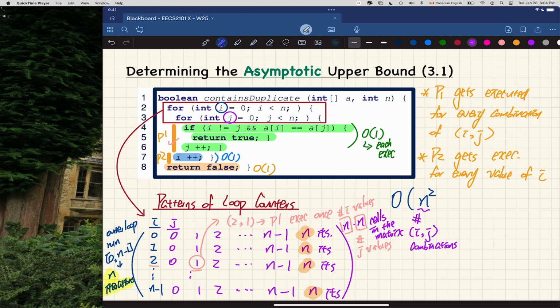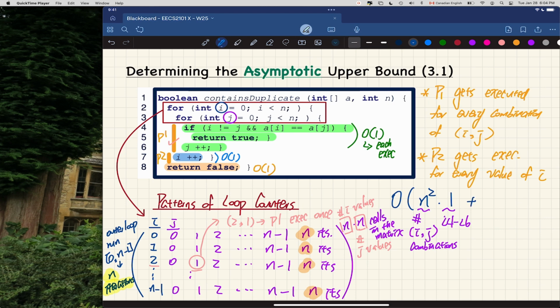And for each combination of i and j, I'm going to execute this part of the body of the inner loop, which will be phase number 1. And that one there is just 1, so you can think of it as multiplied by just 1. That's basically from line number 4 to line number 6. That's the most complicated part, actually.